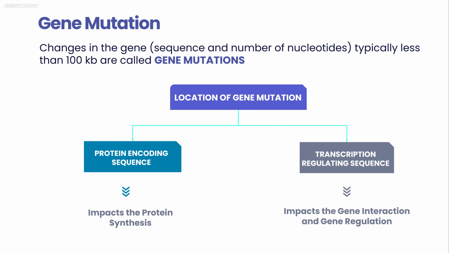If it impacts the protein encoding sequence, it impacts the protein synthesis. While if the mutation occurs in the transcription regulating sequence, for example in the promoter, enhancer, silencer, etc., this will impact the gene interaction and the gene regulation. And as a result of the disruption of the interaction between these molecules, abnormalities will occur in the cell.